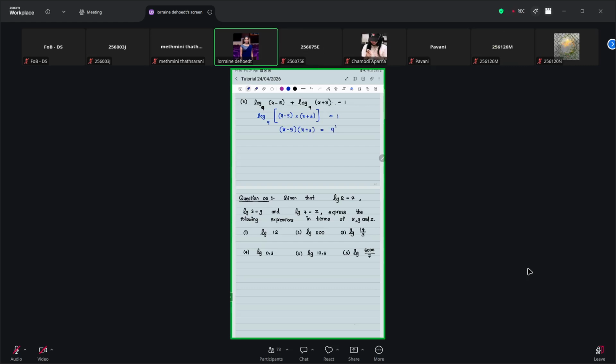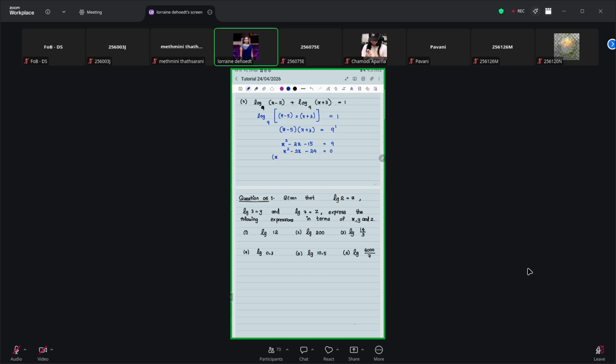Now you can expand the left hand side. It's equal to x squared minus 2x minus 15, which equals 9. Now you can simplify this one as x squared minus 2x minus 24.